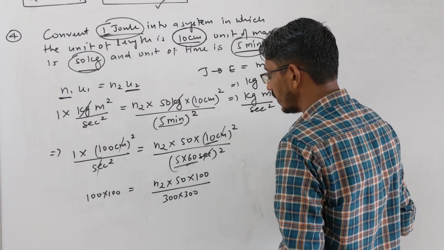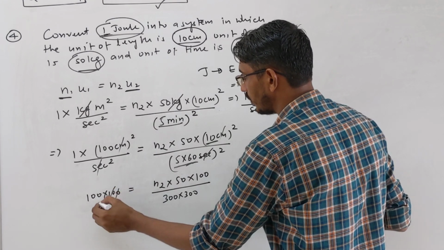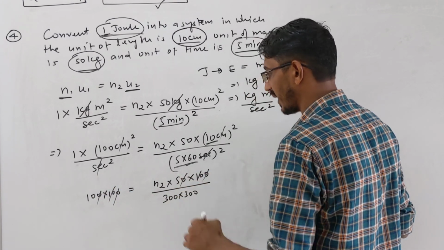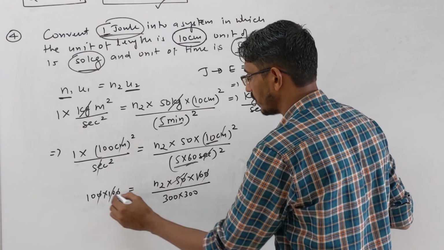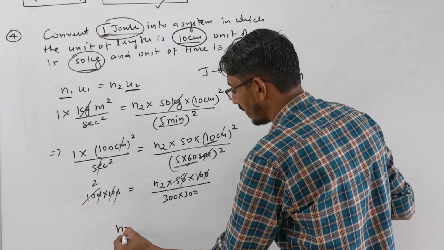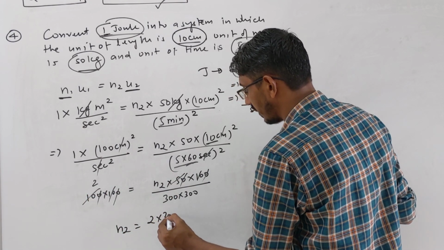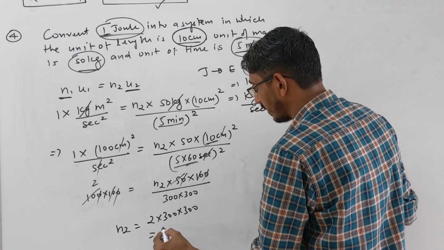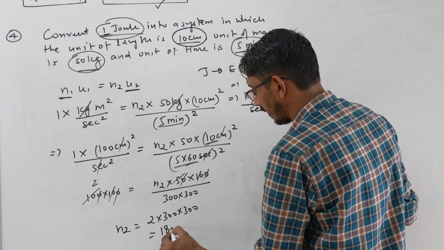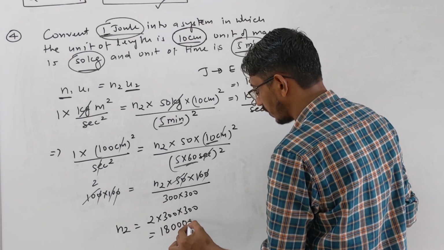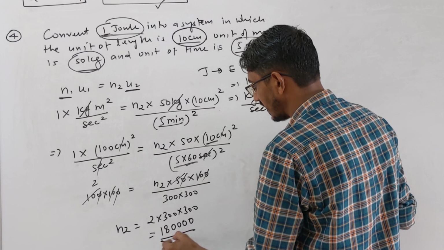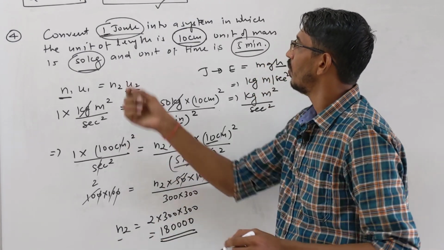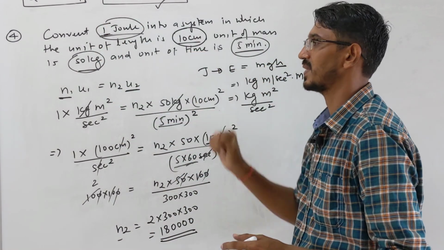Okay, so we have to find n2, zeros, 1 2 3, I can cancel it here. 5 goes here 2 times, so n2 will be simply equal to 2 into 300 into 300. 300 into 300 becomes 90000, and that is 18. So 18 into 10^20, right, this much. So that's the numerical value of 1 joule in this system.